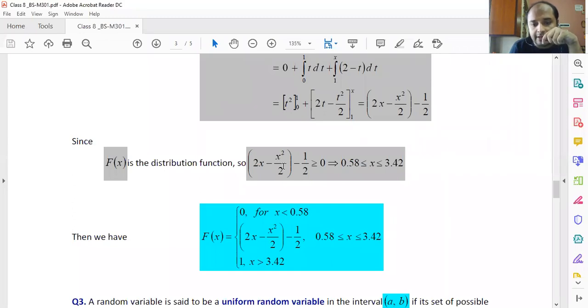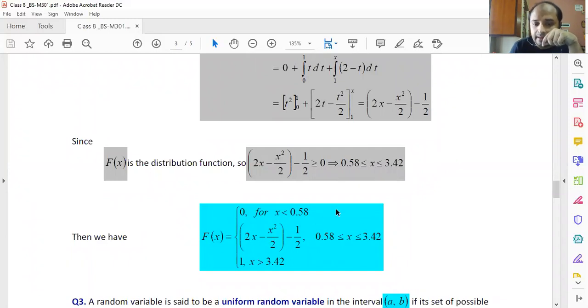So for my Fx to be a distribution function, this particular expression must be non-negative. And if you simplify this inequality, you will get that x is lying between 0.58 and 3.42. Now, after getting all this, I am representing my distribution function in the following form.